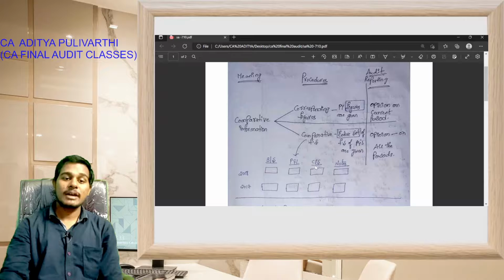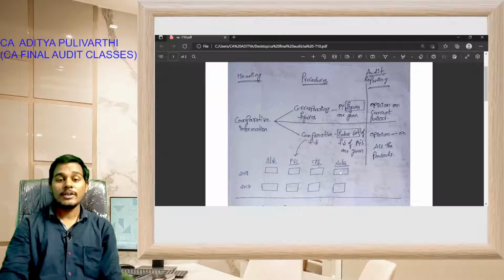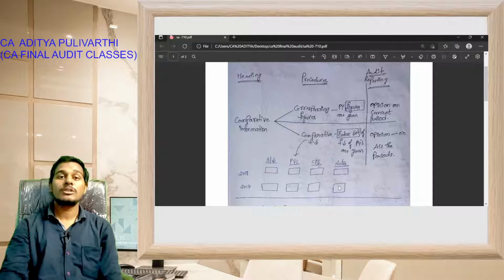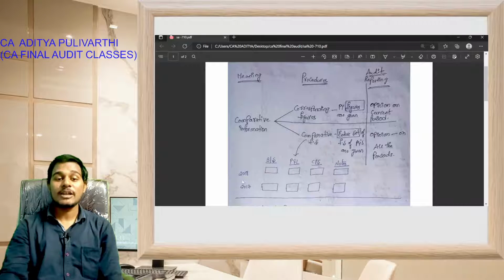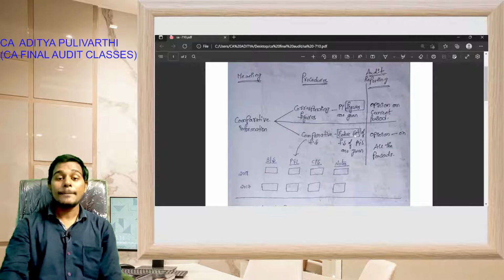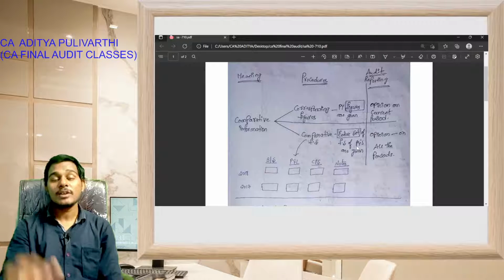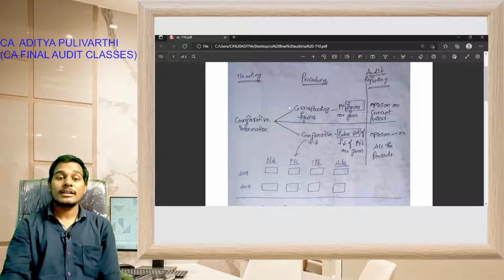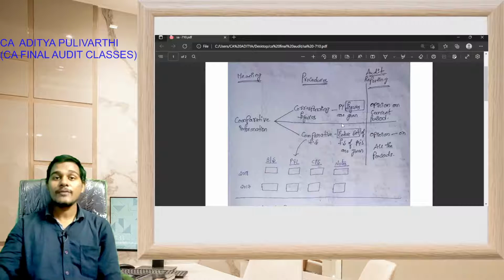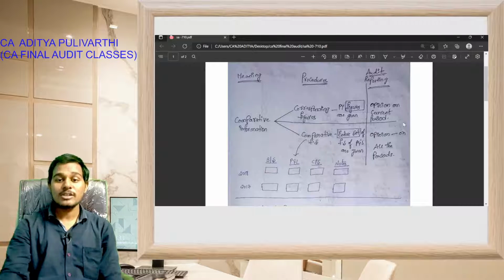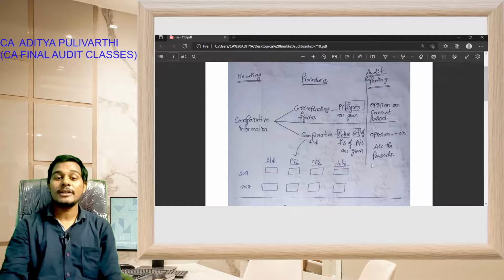Cash flow statements and notes to accounts are compared with 2017. That is, the entire set of financial statements of the current period is compared with the previous year. In corresponding figures, only figures of previous year are checked. Opinion will be given on all the periods of the entire set of financial statements.